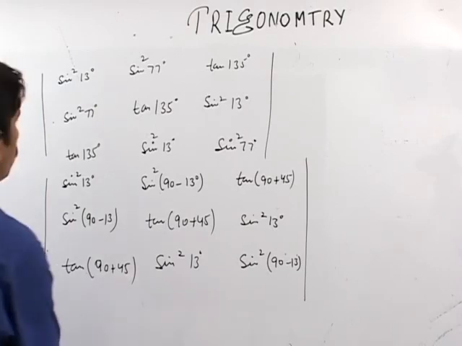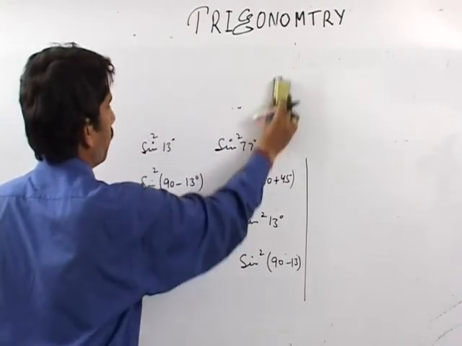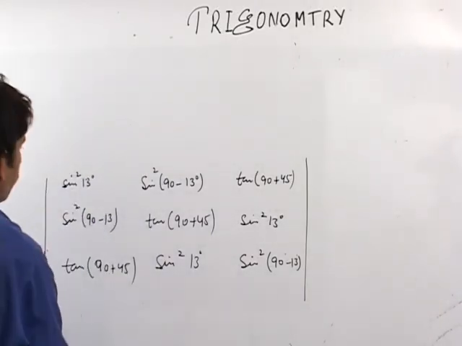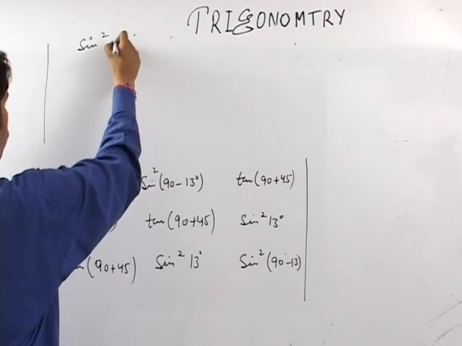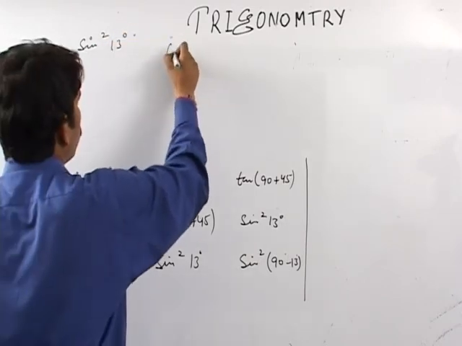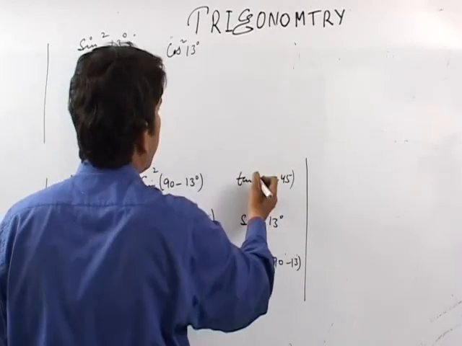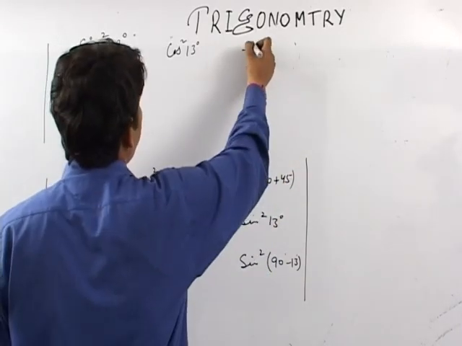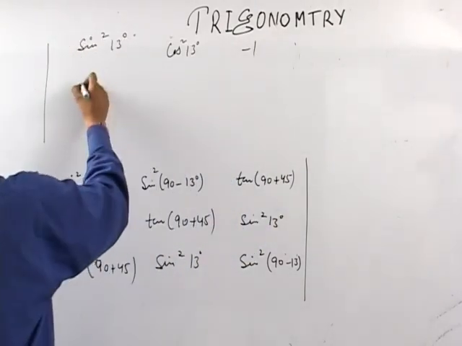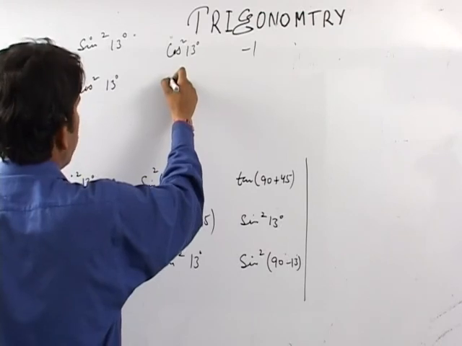Now this will be equal to sin square 13 degree, cos square 13 degree, and tan of (90 plus 45), which is minus cot 45, that is minus 1.